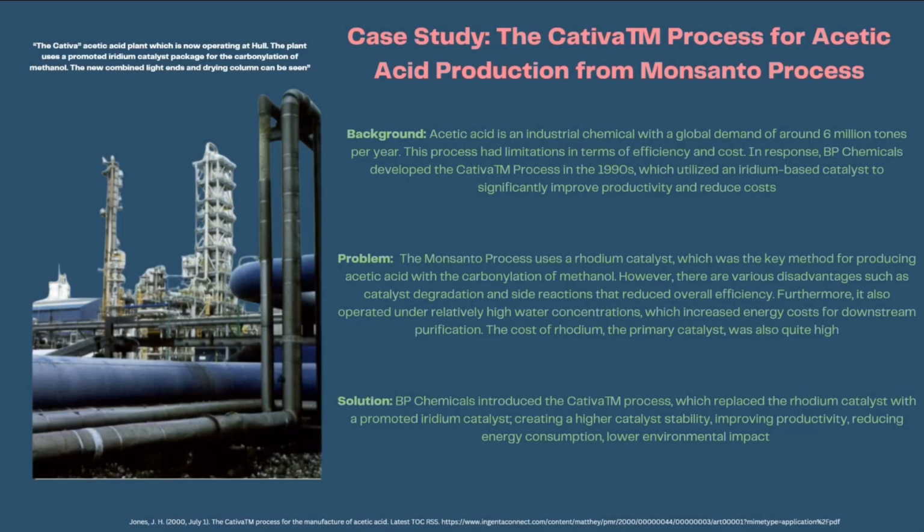By the 2000s, the process was widely recognized for its environmental and economic benefits. It reduced energy consumption by 30% compared to the Monsanto process, while also cutting CO2 emissions by approximately 70%, helping our environment stay healthy.